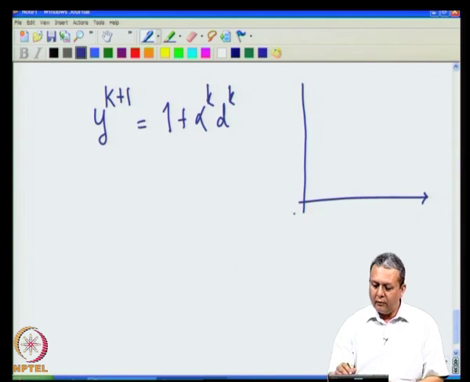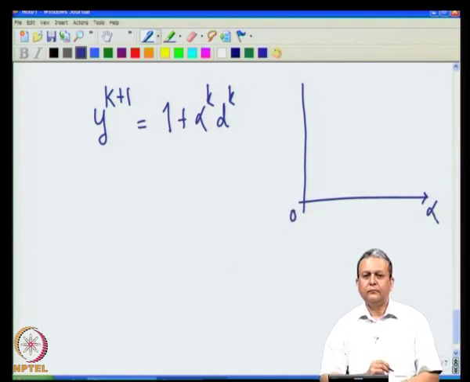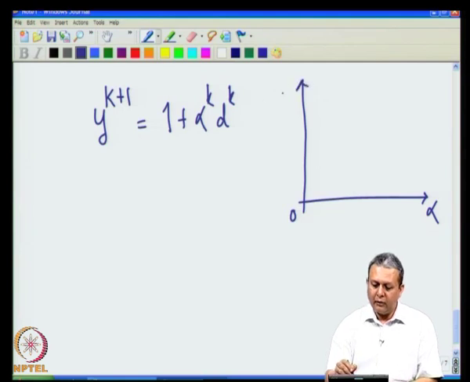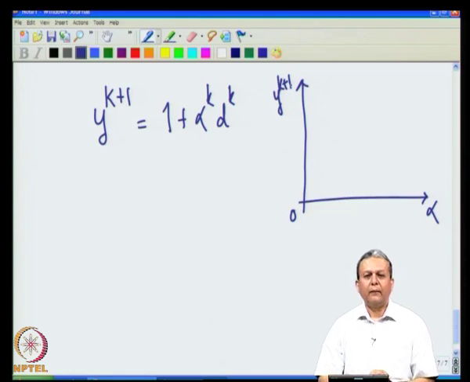So, on the horizontal axis we have alpha, and on the vertical axis we have y^(k+1). Now, y^(k+1) is of the same dimension as x, which is n. So, y^(k+1) will have n components, and the different components vary in a different way based on d^k.